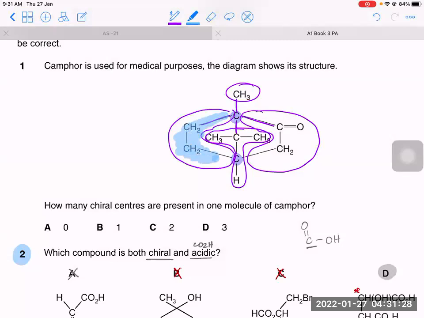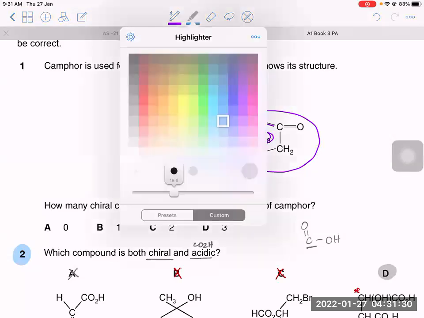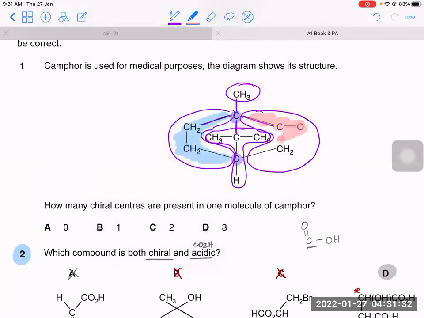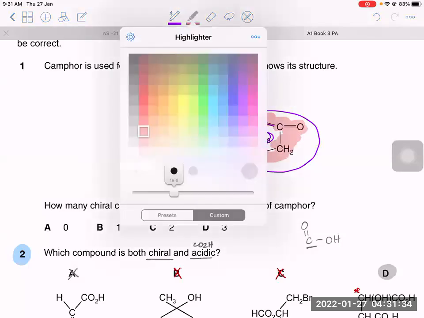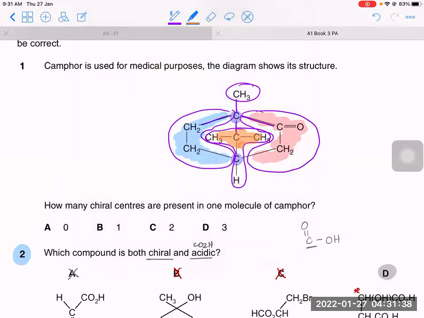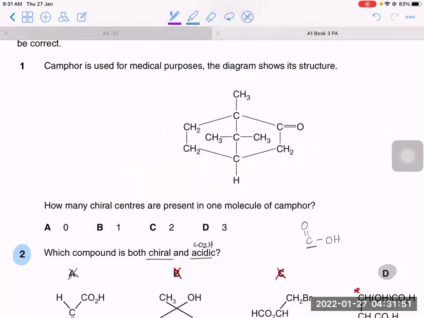I'm going to highlight it in different colors. The second bond, the third bond, and the fourth bond. Do you see? And this is the first one. Do you see they're all different? Yes. So can I say this carbon will be what? Chiral? So this is chiral.